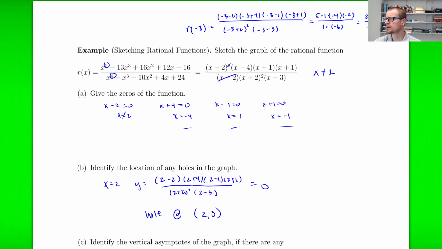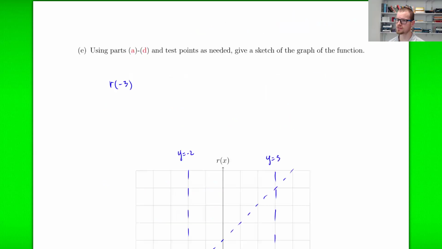If I wanted to, 20 divided by 3 would be 6 2/3, so I could call it approximately 6.67. So at -3, it is -6 2/3.